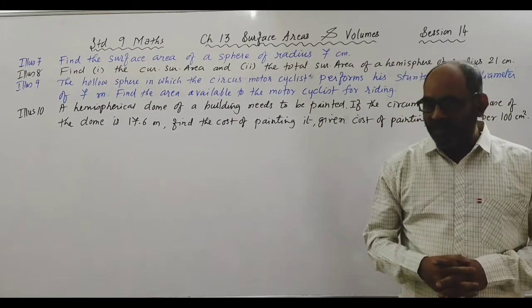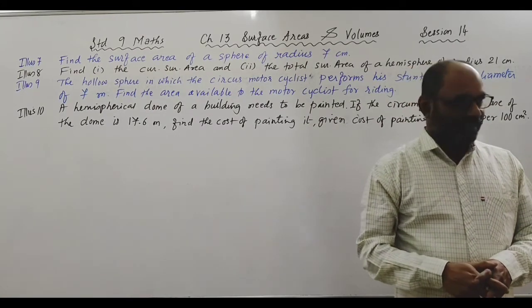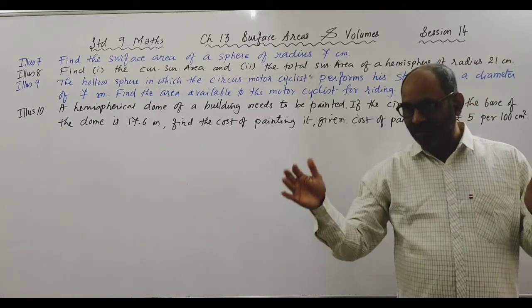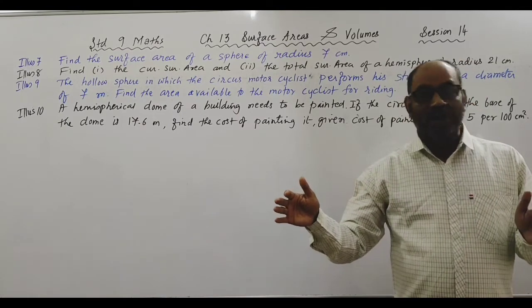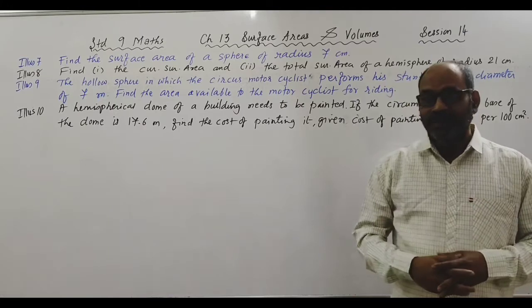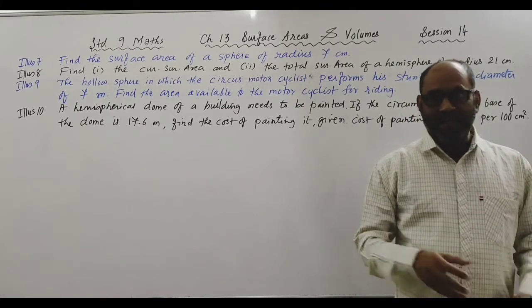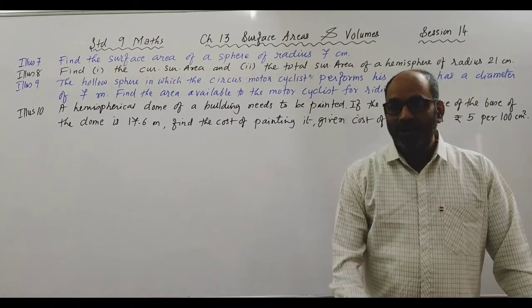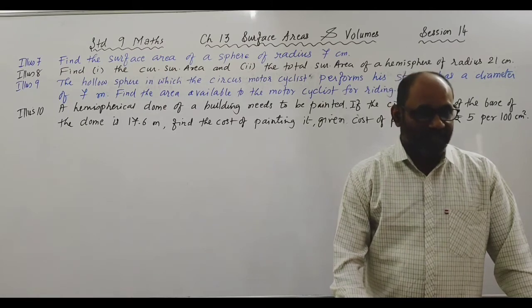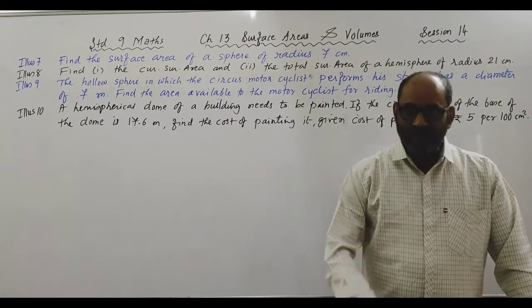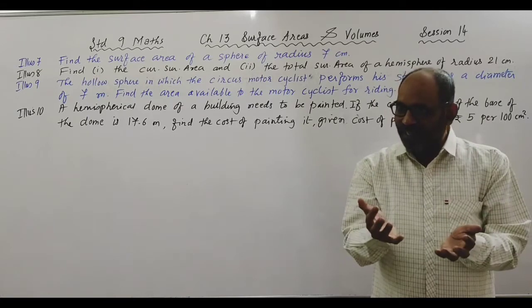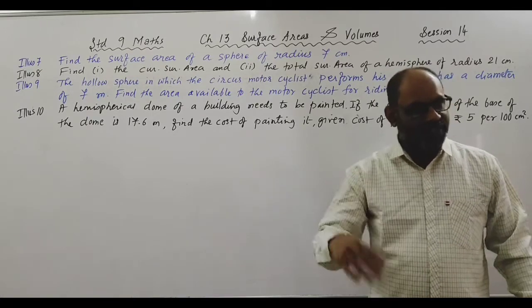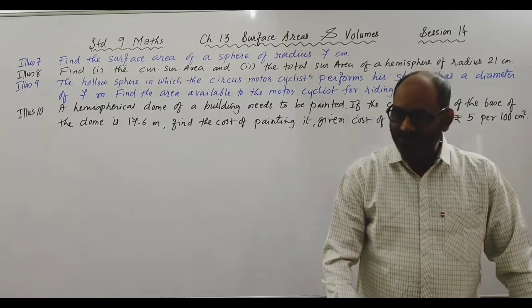In the previous session, you must have seen how we solved exercise 13.3. Then we wrote down the formula to find the surface area of a sphere. A sphere has only curved surface area, so the curved surface area and total surface area for the sphere are the same.